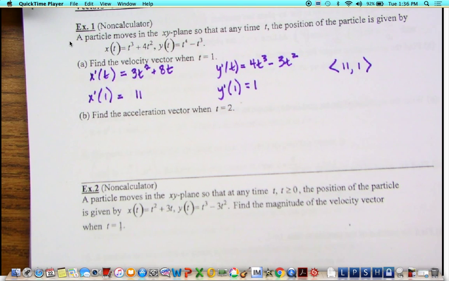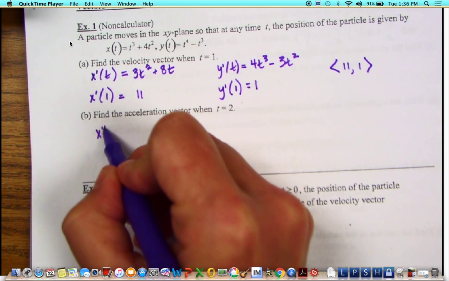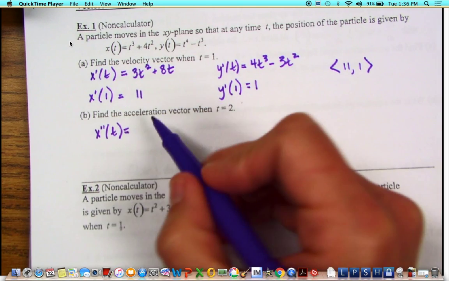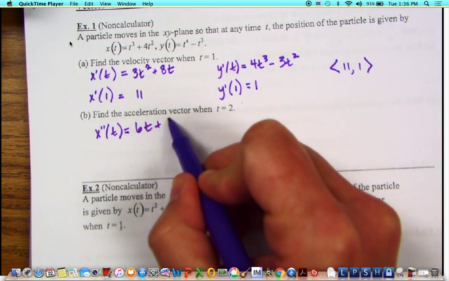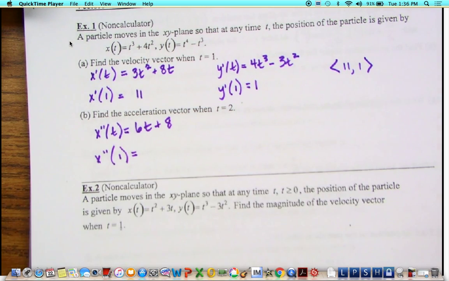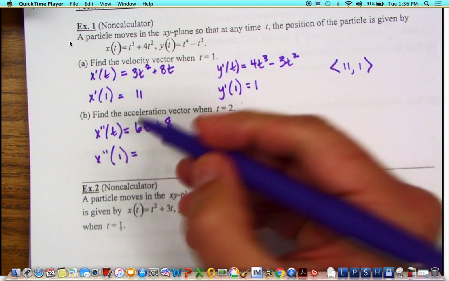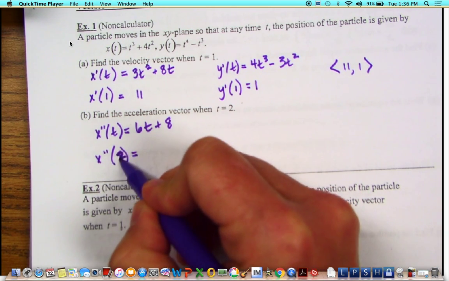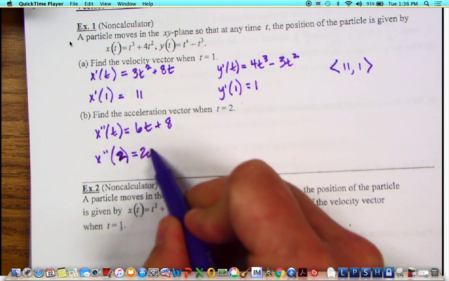Now I want the acceleration vector, right? I'm not being asked for a second derivative of a parametric here. I'm being asked for an acceleration vector. So what am I going to need to do? Differentiate the x, and what will you get? 6t plus 8. And then I need that at 2, which is 20.